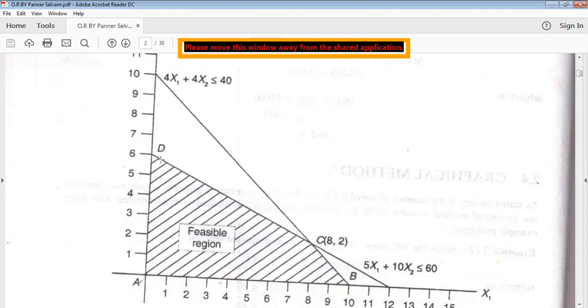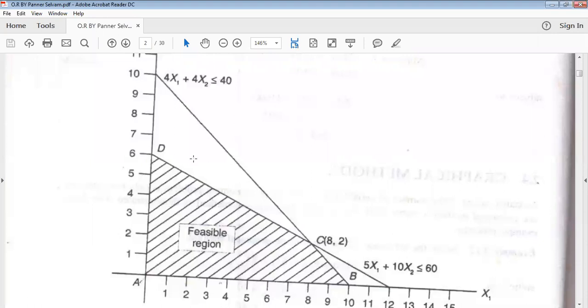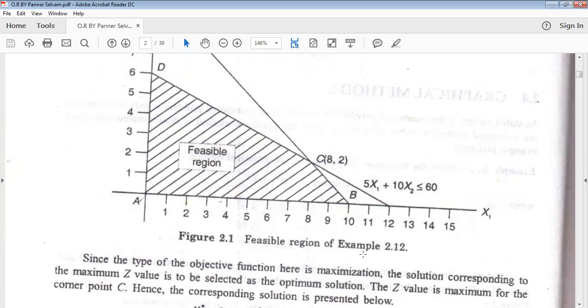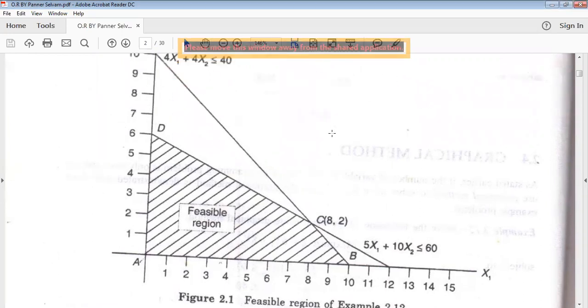If you substitute these coordinates and draw the line, this is 5x1 + 10x2 ≤ 60. So both the inequalities are of the less than or equal type. Hence, less than means you hatch below this particular line, and below the other line too. So like this is the feasible region. Now this is A the origin, B, C, D like this.